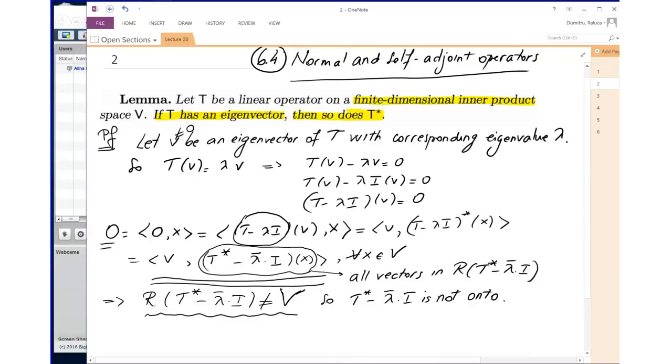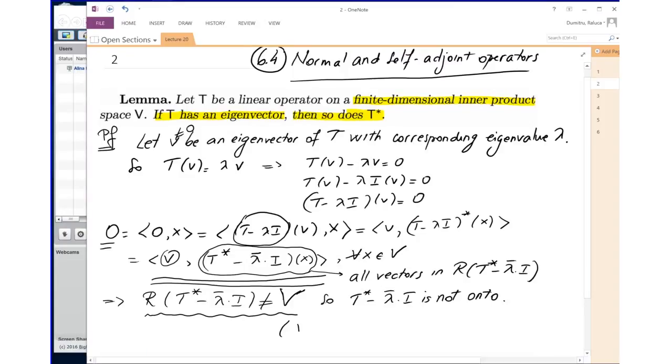Well, if the range were the entire space V, would there be a vector in V that is orthogonal to everything in V? Because the range could mean any vector in V. If my vector, the eigenvector V, is orthogonal to anything in the range, there is no way the range would be the entire space, because the zero vector is the only thing orthogonal to everything.